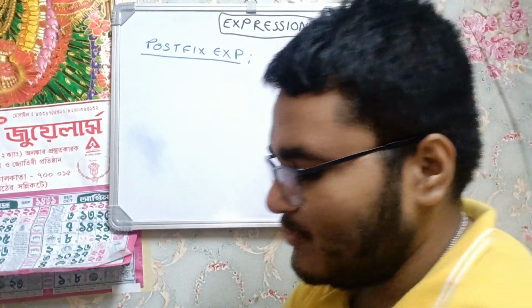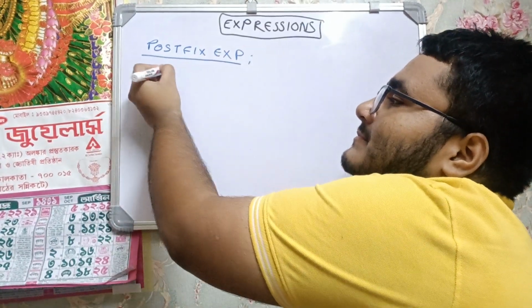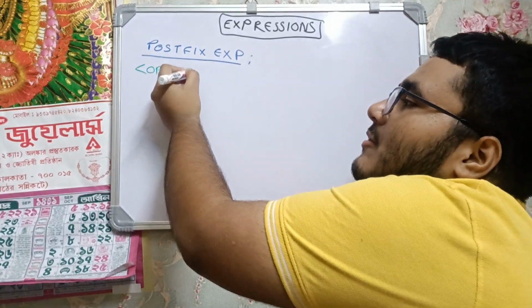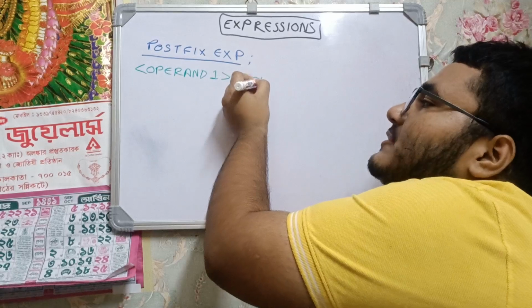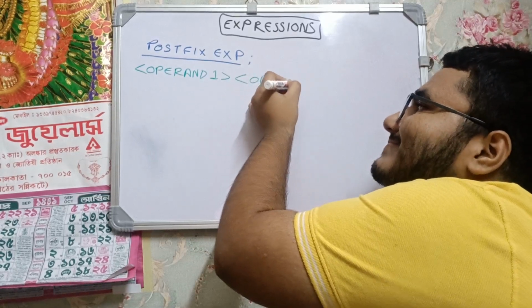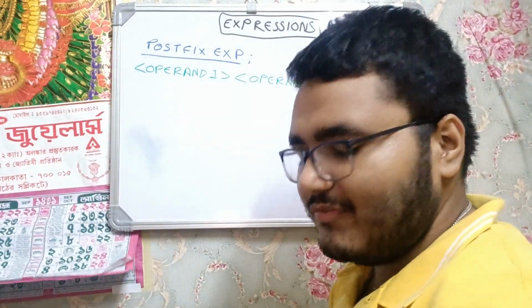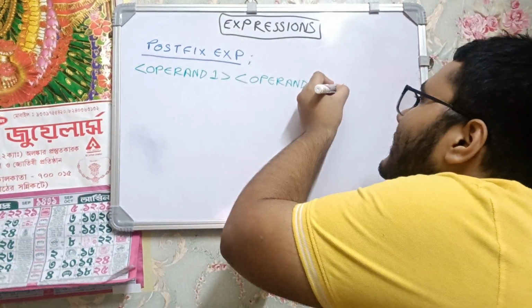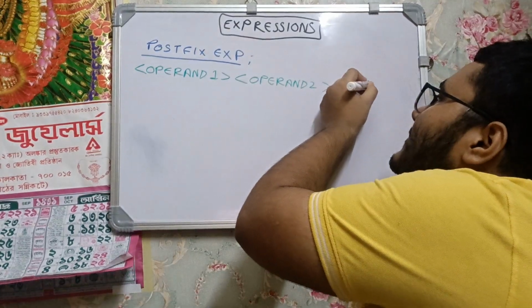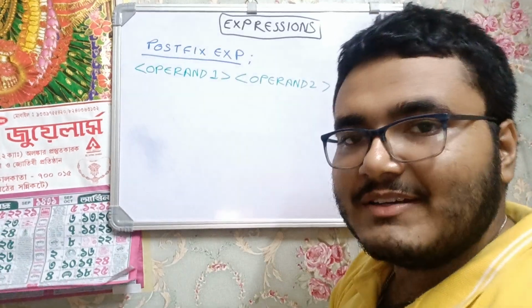Now in this case what we have is operand 1, operand 2, and then we have the operator. It's my operator. Right.